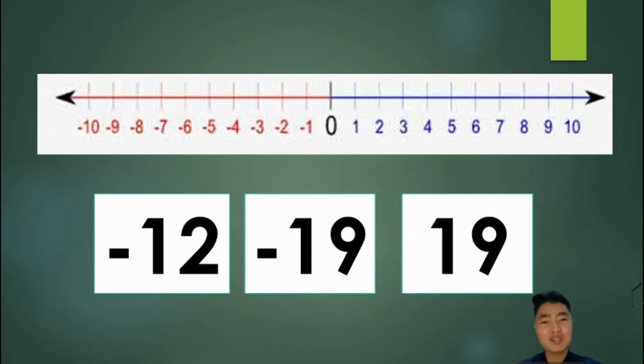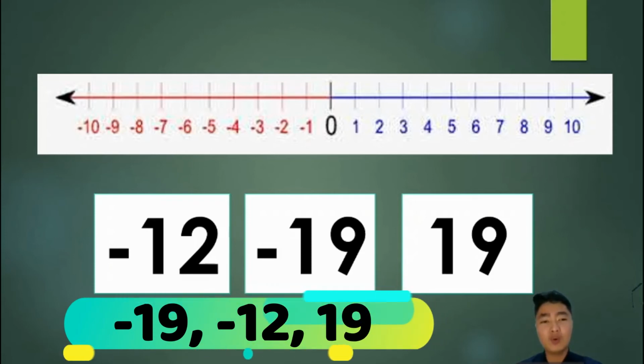What is the lowest integer among these three? The lowest is negative 19, followed by negative 12, and finally positive 19. So you arrange them according to lowest to highest.